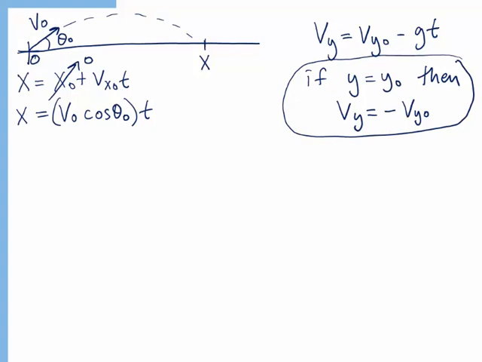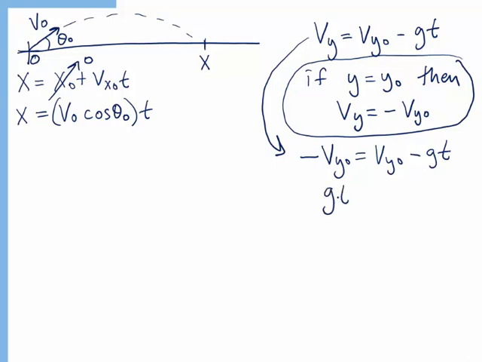Since that's the problem we're doing, I'm going to replace vy with negative vy naught in the equation. So I have negative vy naught is equal to vy naught minus gt. I'm going to now swap the gt and the negative vy naught. So I get gt is equal to 2 vy naught.